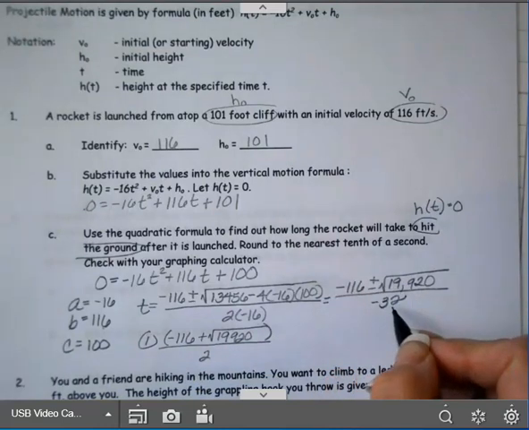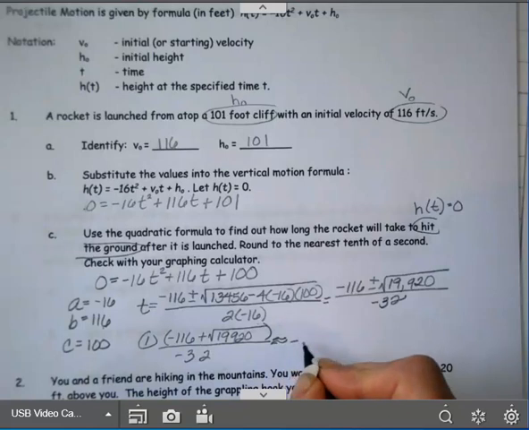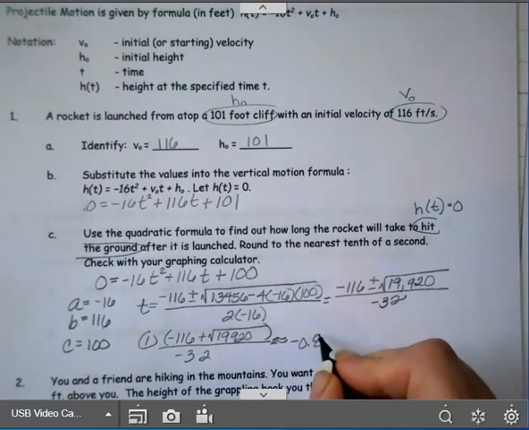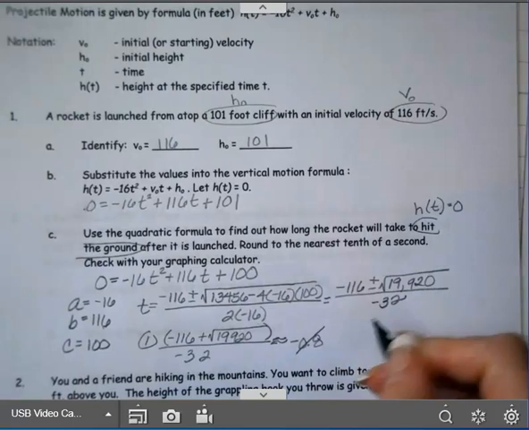And then you'll divide that by negative 32. And so that is approximately negative 0.8. And that's a negative value that happened before the rocket took off. The rocket would have been on the ground, or maybe a little bit off the ground, so that's why that wouldn't be 0 right there.